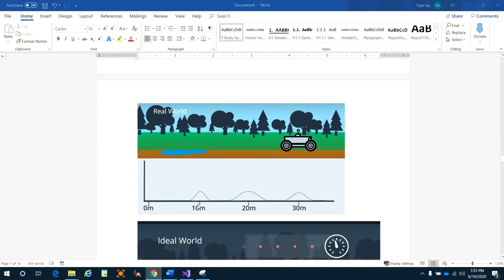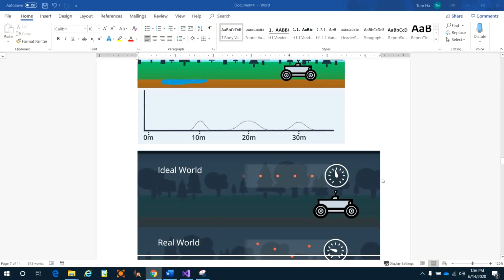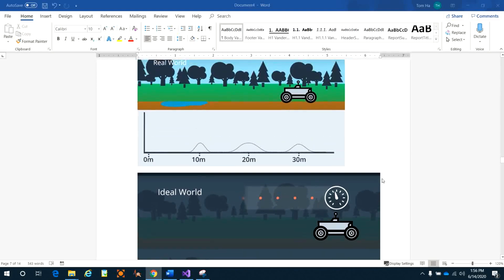For example, it moves 10 meters, then 20 meters, the result is really different and the uncertainty keeps increasing. So the robot will give you a wrong position. So the question now is that the robot needs a method to give exactly the correct answer.